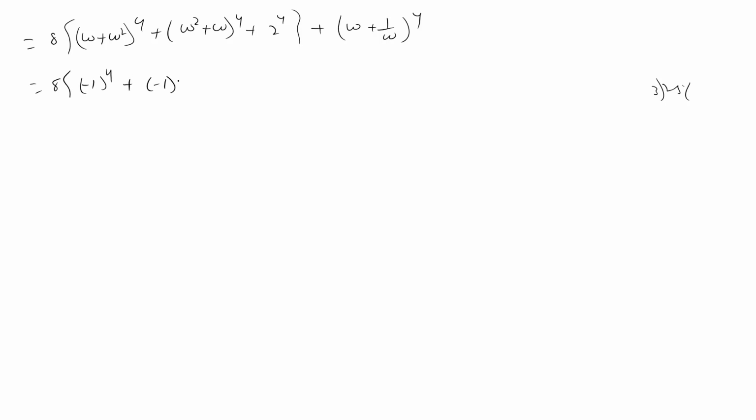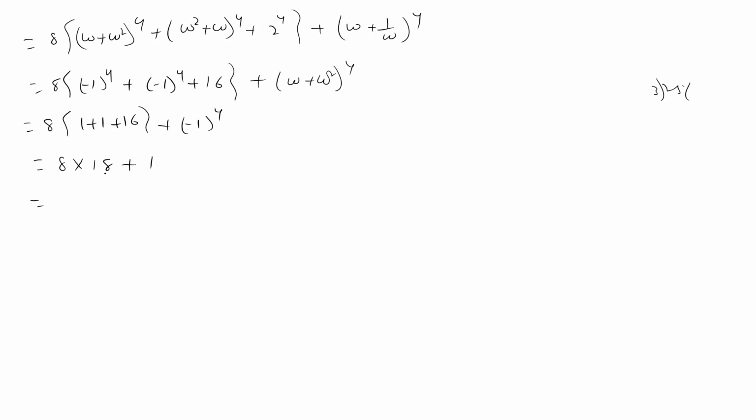This is also minus 1 to the power 4, and 2 to the power 4 is 16, and plus omega plus omega square whole to the power 4. So 8 into 1 plus 1 plus 16 is 18, plus 1 from 1 plus omega square is minus 1 to the power 4. So this is 8 into 18 plus 1, that is 144 plus 1. So this is 145.